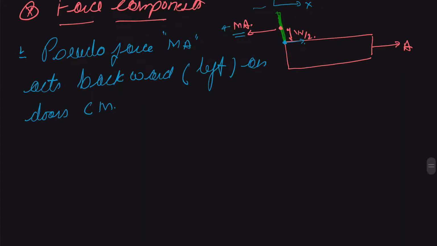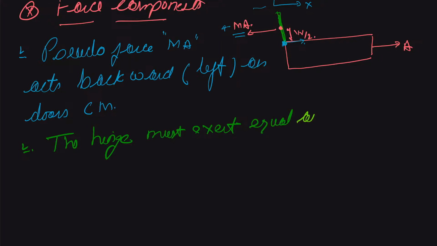And therefore we can say the hinge, which is nothing but the joint, which is this one, must also provide, or rather exert, an equal and opposite force in the forward direction, ma.